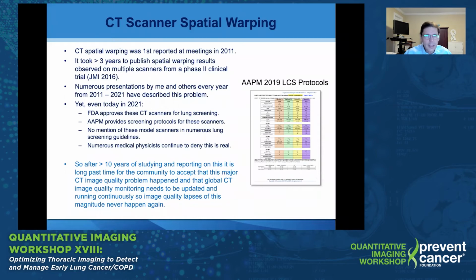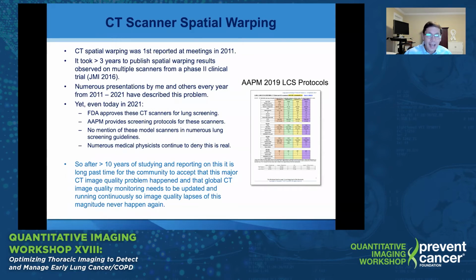Yet even today, FDA approves these model scanners for lung cancer screening. AAPM provides screening protocols for these scanners, as you can see on the right. There's no mention of these scanners as having issues in numerous lung cancer screening guidelines, and numerous medical physicists continue to deny that spatial warping exists in 16 slice scanners, as we've been reporting.